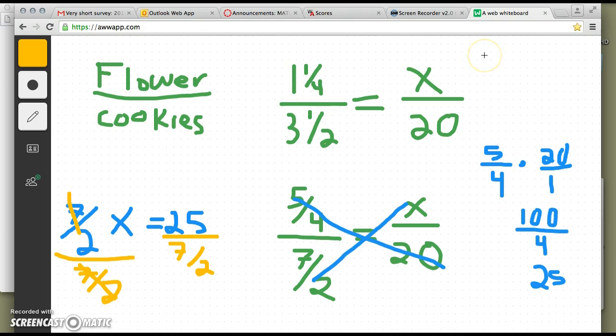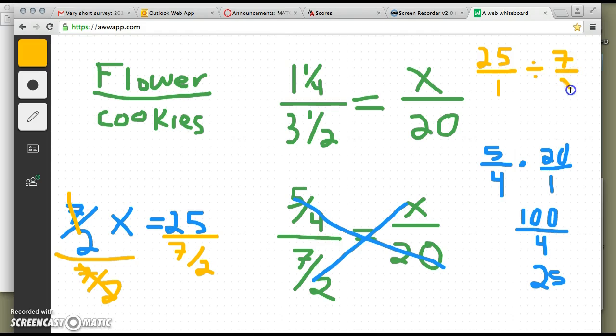Running out of room, but let's see if I can fit it up here. So we are going to get that x is equal to, we need to take 25 and divide that by 7/2. So we have 25, you think about that as 25 all over 1. And we are dividing this by 7/2.